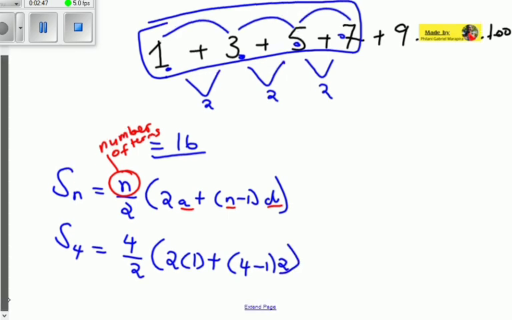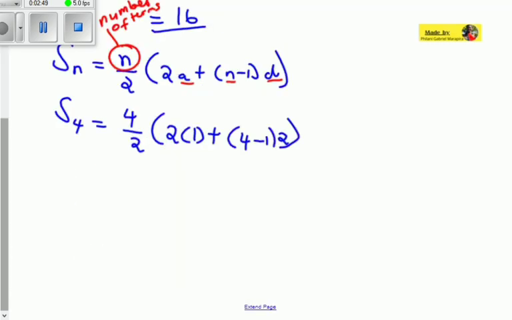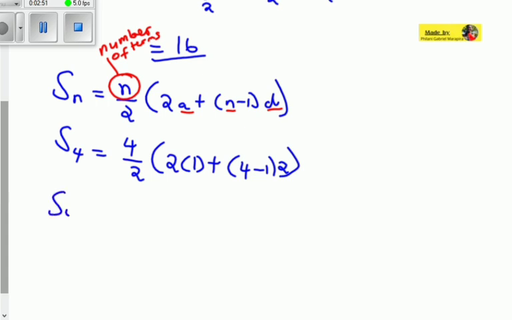So here we have substituted everything we needed for the formula. Therefore, the sum of the first 4 terms, if you were to plug it into a calculator, you must get 16 no matter what. But let me go the longer way: 4 divided by 2 is 2, multiplied by 2 plus 4 minus 1, which equals 3, times 2, which equals 6.